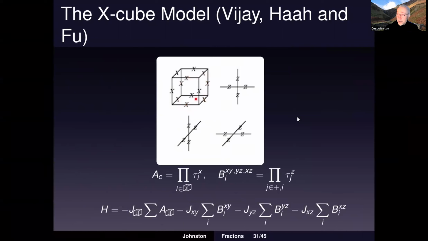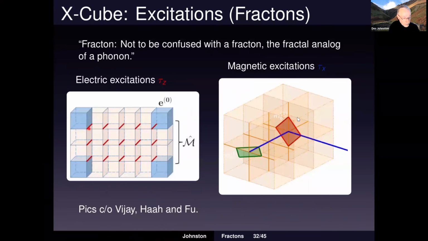Well, it's going to interfere with the x's here. So you're going to get excitations in these cubes. But if you look at a single one of these tau z's, it's going to affect 1, 2, 3, 4 cubes. So you're always going to have to create these excitations in 4s, not just in pairs in this model.